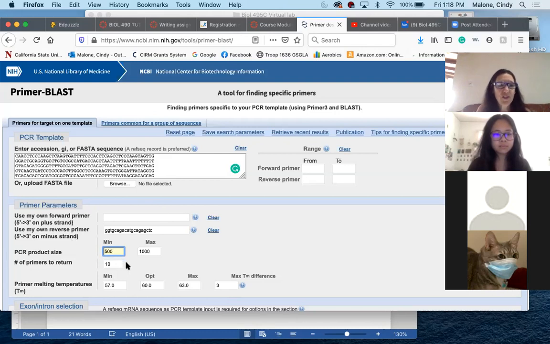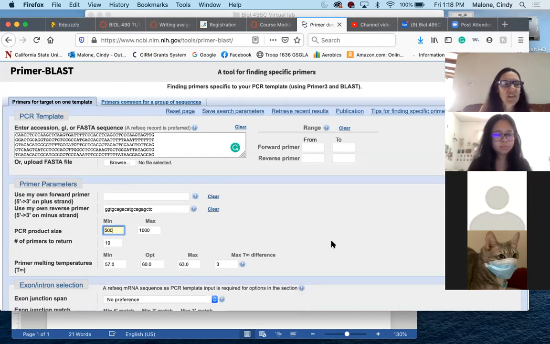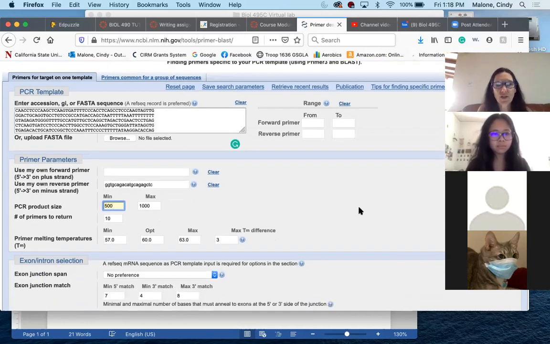Number of primers to return, I'm hoping I get 1. I don't think we're gonna get 10, but we'll ask for 10. And if we get more than that, then we might make some of these parameters more stringent to make them better, but we're gonna leave it at default right now just so that we get a primer to come back.